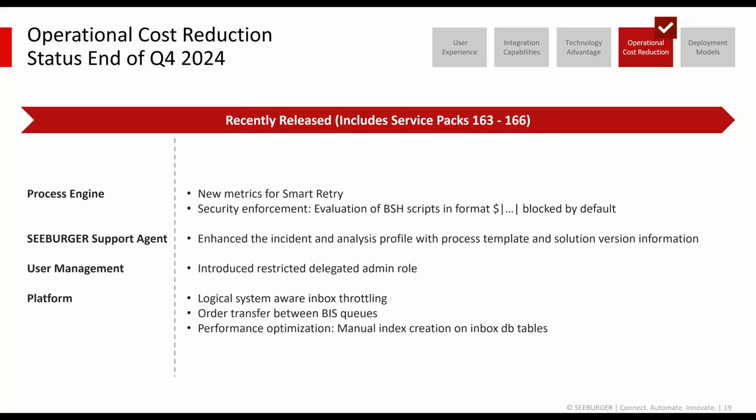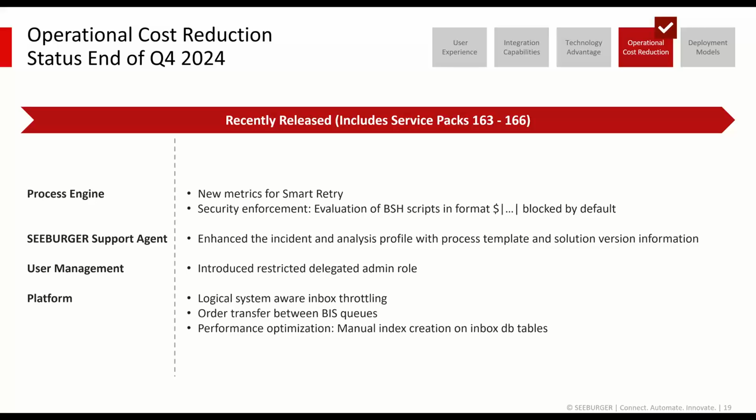And then we are shipping enhancements in the platform for the inbox throttling that is more logical system aware, to have fewer side effects between logical systems if you use multiple logical systems.